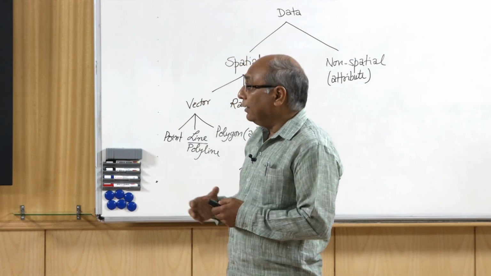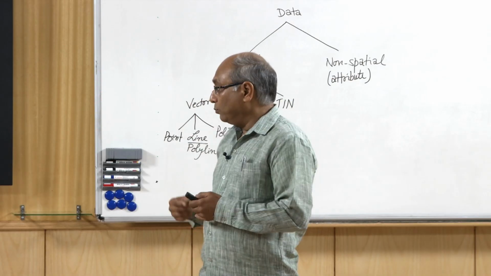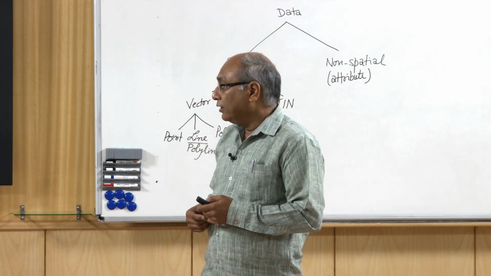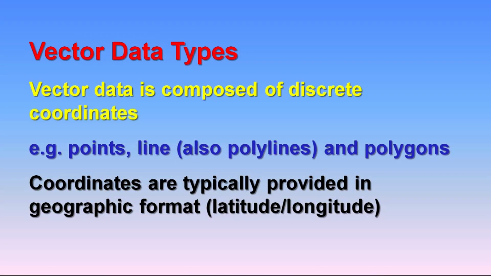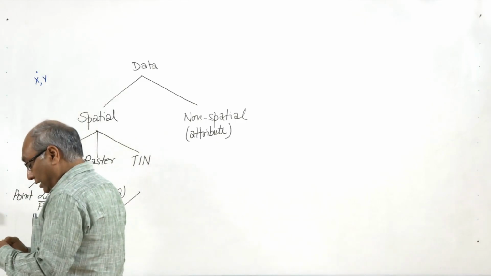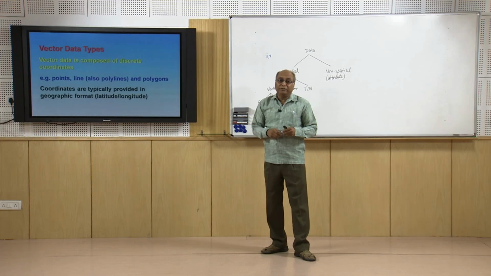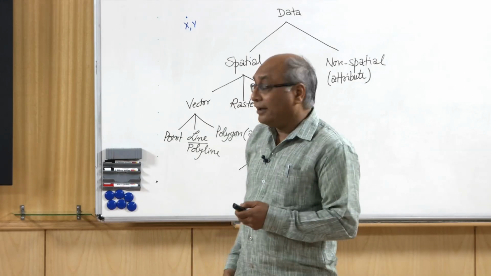And then I have already mentioned that three different vector entities exist in GIS, and we extensively use them: point, line and polygon. Now a point has just one set of x and y, and it does not have any dimension. So it is a zero dimensional vector entity in GIS.